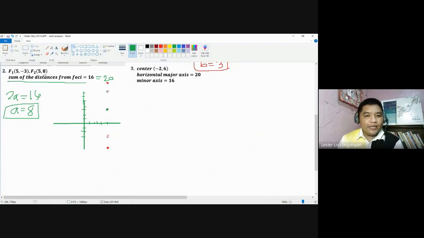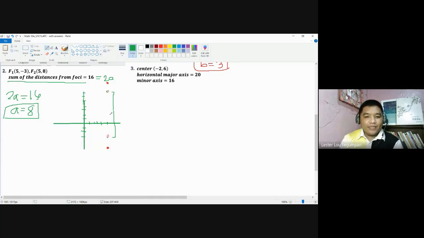The center will have the same distance from here and here. This might not be the correct center, I'm just placing it, but the center is somewhere here, having the same distance from that to that. Having the same distance means the center is the midpoint.